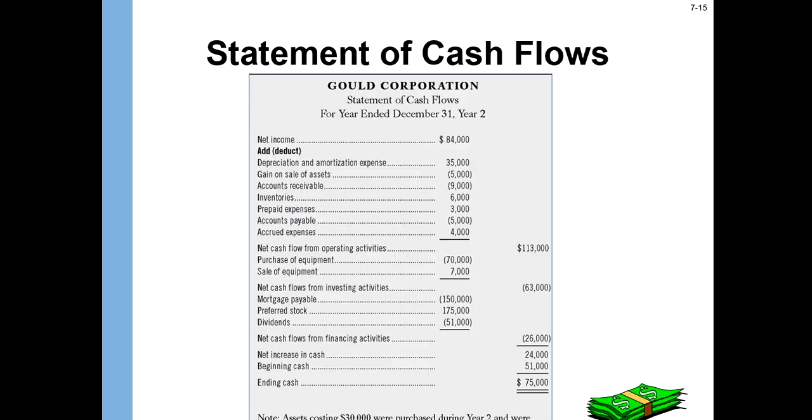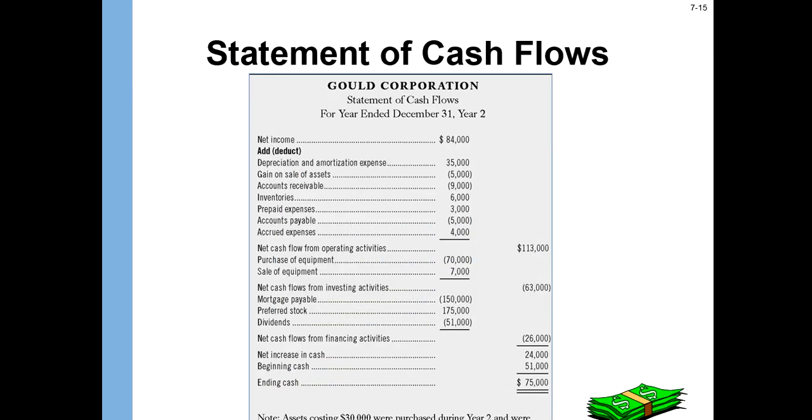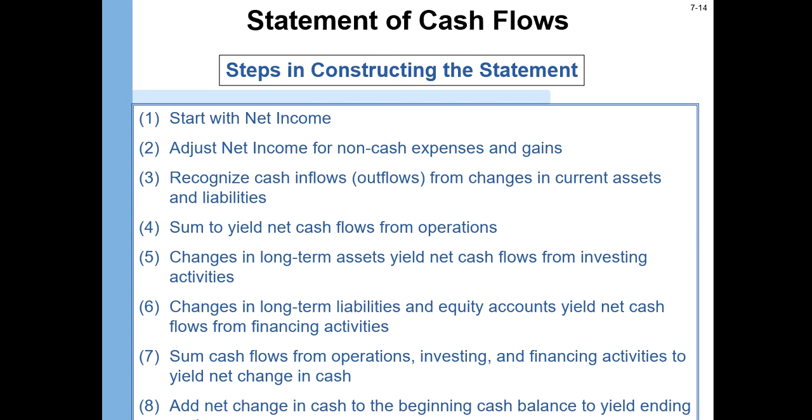So what else? We sum the cash flows from operating, investing, and financing activities to yield the net change in cash. Net increase in cash was 24,000. The beginning was 51. Add the net change in cash to the beginning cash balance to yield ending cash.